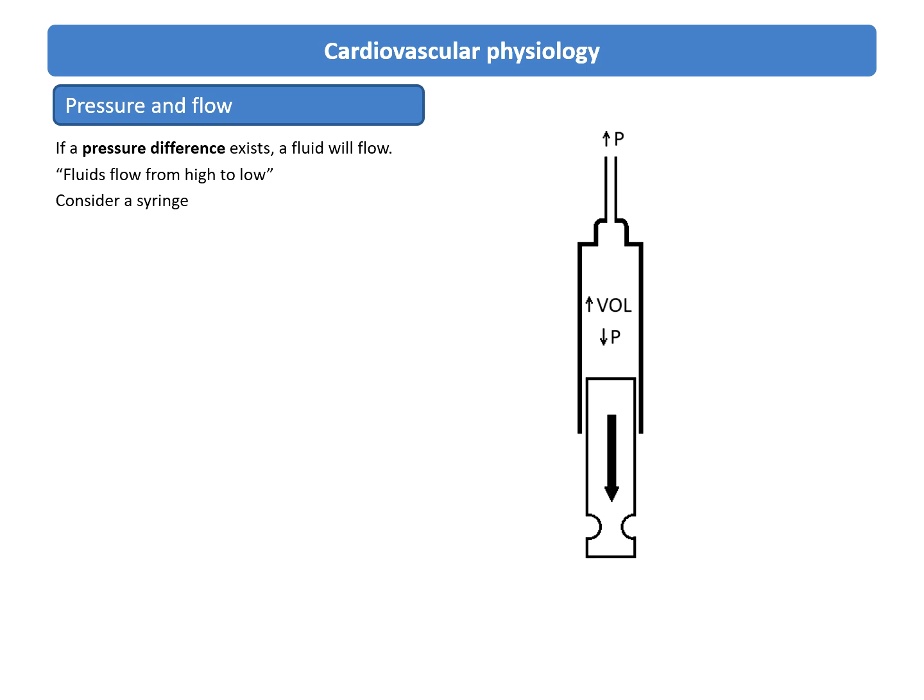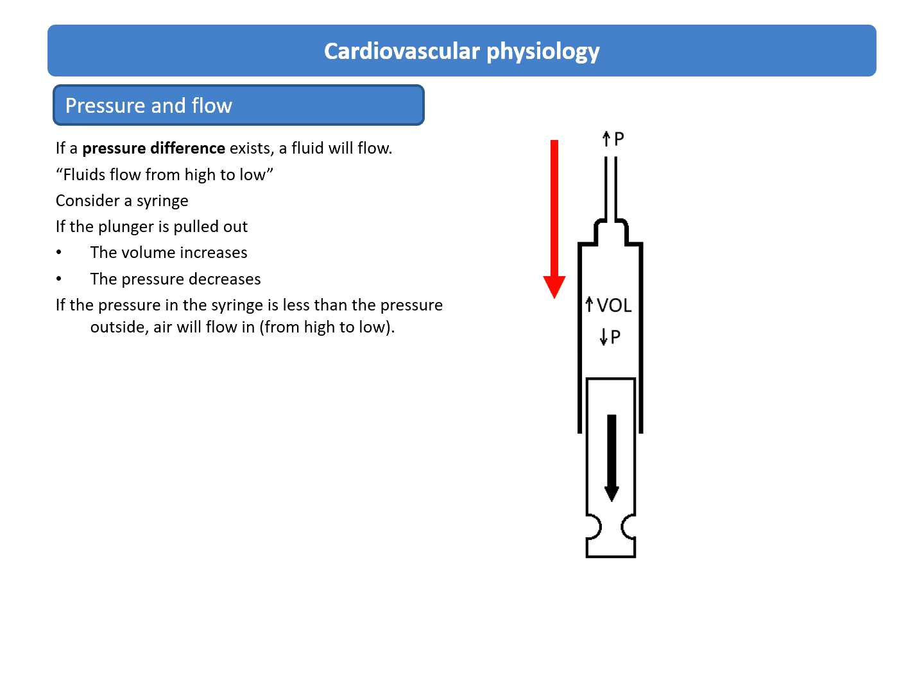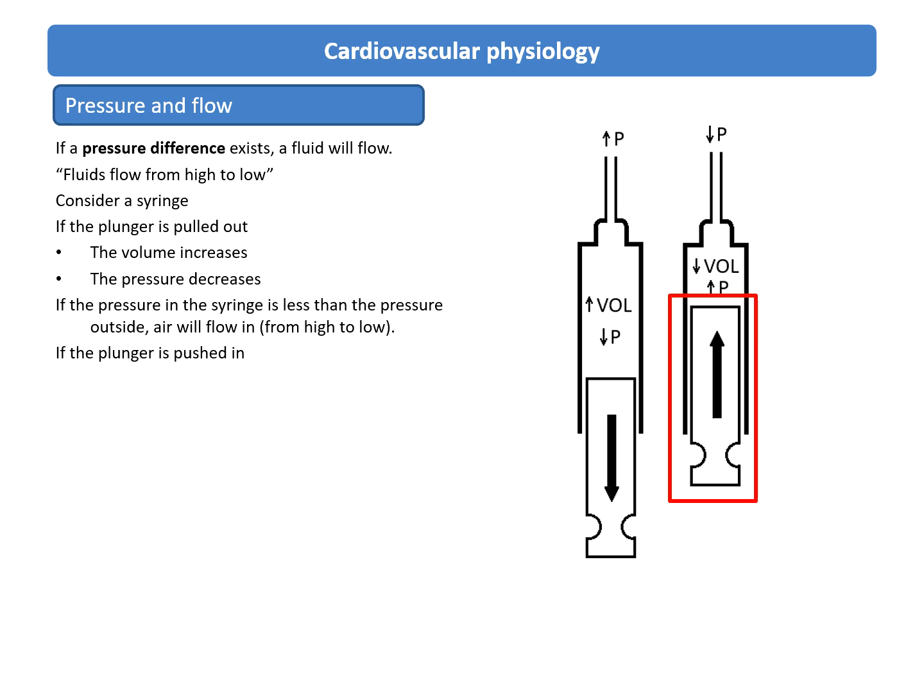Consider a syringe. If the plunger is pulled out, the volume inside the syringe increases, but that causes a decrease in the pressure as long as no air is allowed to move into the syringe. If the pressure in the syringe is less than the pressure outside, air will flow in from high to low.